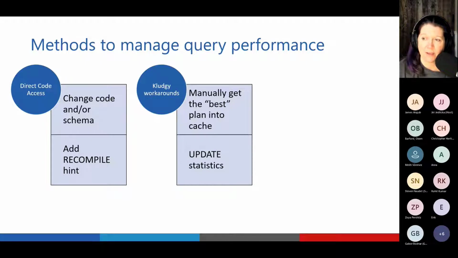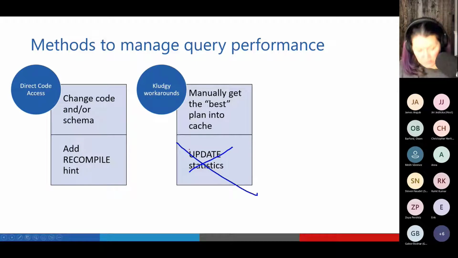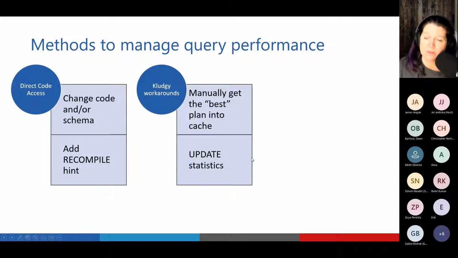And in addition to not truly addressing the problem, you've just introduced some overhead to the system while you go ahead and update statistics. So I tend to say that this is not something, sometimes I'll do this in red, right? No, we really don't want to try to update statistics to address a performance problem. There's valid scenarios, but most of the time, that's not where I go first when I'm troubleshooting.